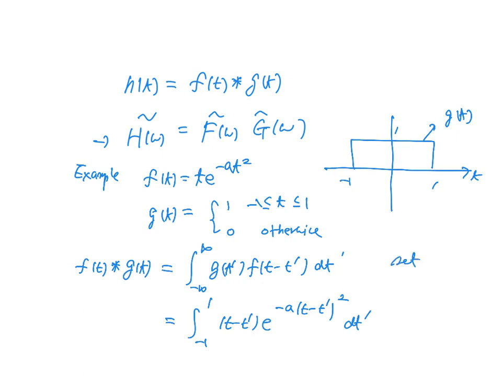Let me set t - t' as u, then du is minus dt'. When t' is minus 1, u is t plus 1, and when t' is plus 1, u is t minus 1.